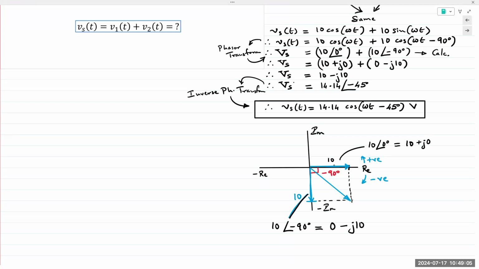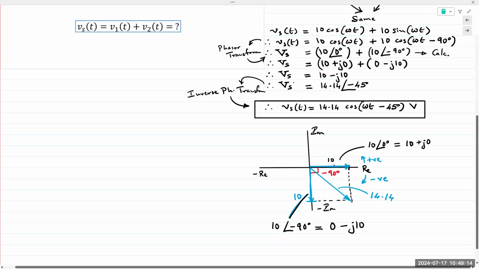Both sides are equal, so the square root of 10 squared plus 10 squared gives you a length of 14.14. And because both vectors' magnitudes are the same, it bisects the 90 degrees into exactly equal halves. That's why you get 45 degrees, but because it's pointing down, minus 45.